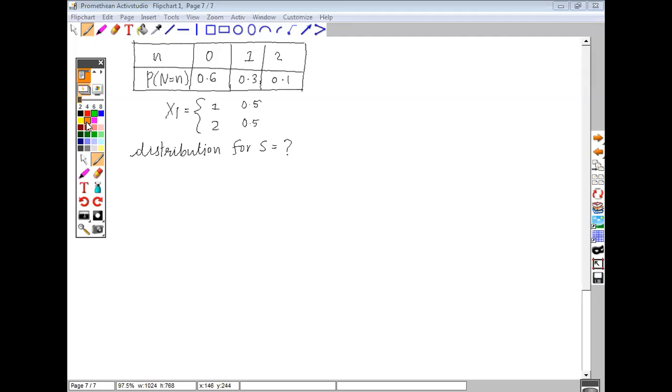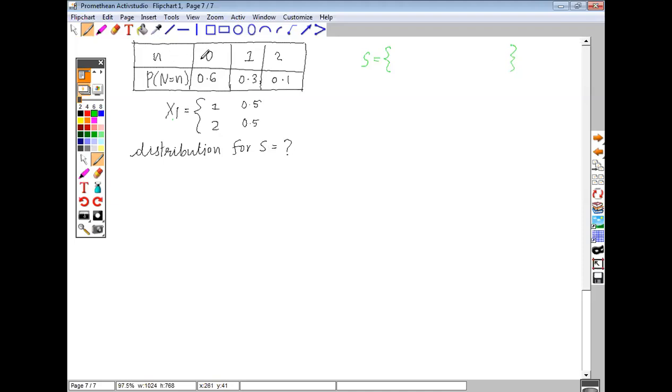Again, think of S in terms of X as well as N. Okay, let me start maybe. The very first thing that I will look at is what are the values that my S can take.